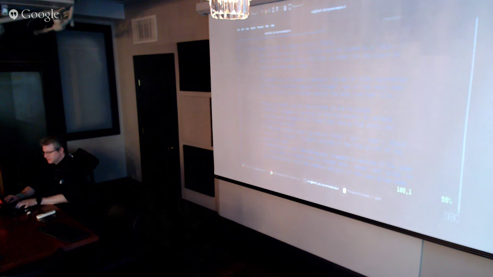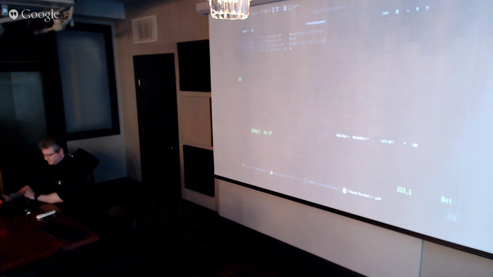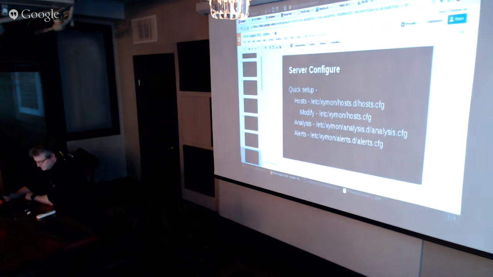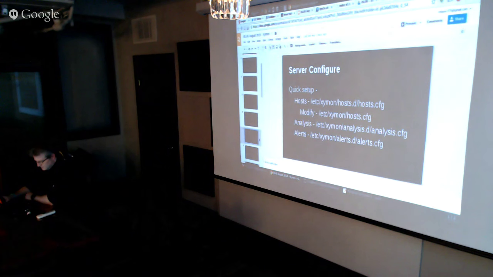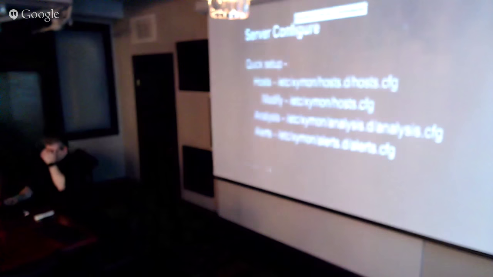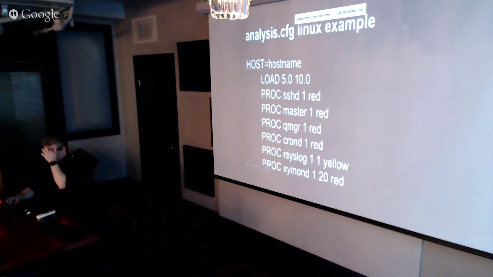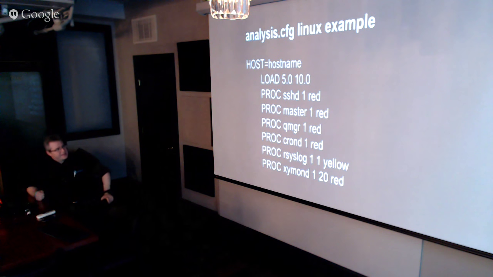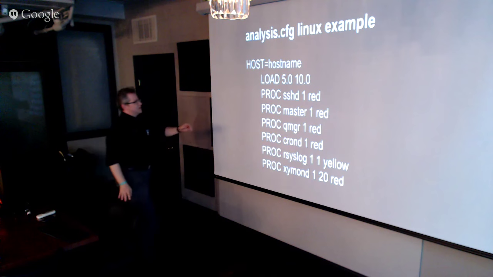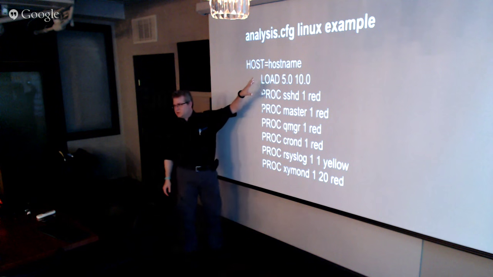It's nice because they include pretty much all the description of everything you can do in here. Okay, so in the analysis file, you're essentially going to make an entry for every host name that you need.